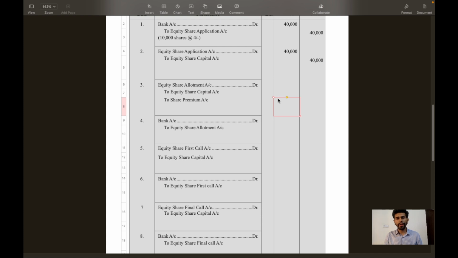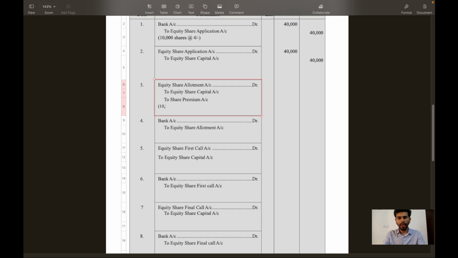Next journal entry on allotment. Allotment money is 4 rupees and 2 rupees of premium is included. So the entry will be equity share allotment account debit to equity share capital account and share premium account, because the premium of 2 rupees is included in the allotment money.